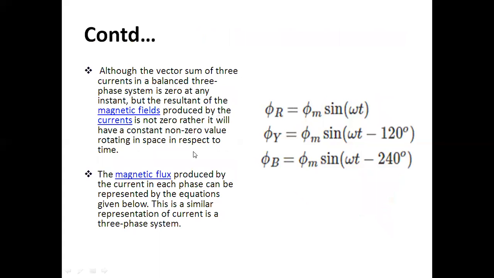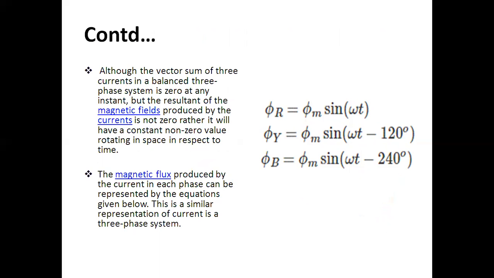We all know that the vector sum of the three currents in a balanced three-phase system is zero at any instant.